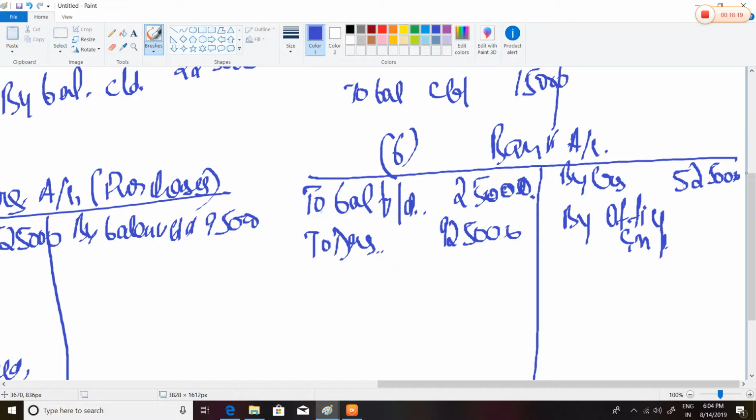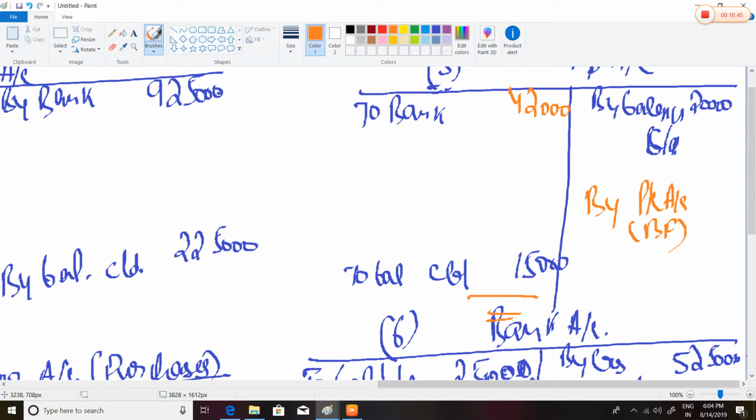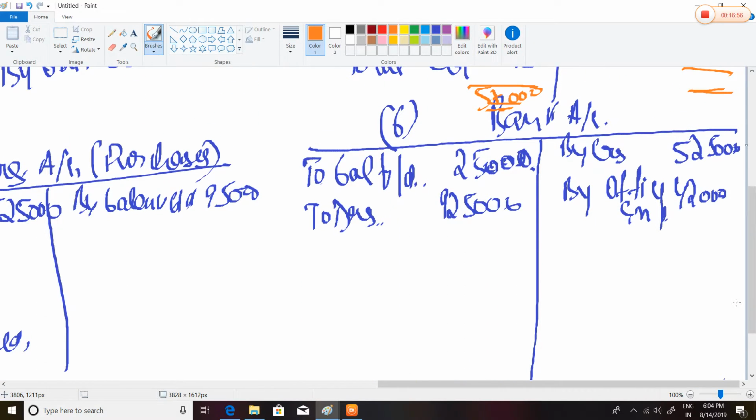The amount would be the full 42,000 here. And here to bank 42,000, and all the balance is cleared by profit and loss account, balancing figure. Total is 57,000, 57,000. Next point.